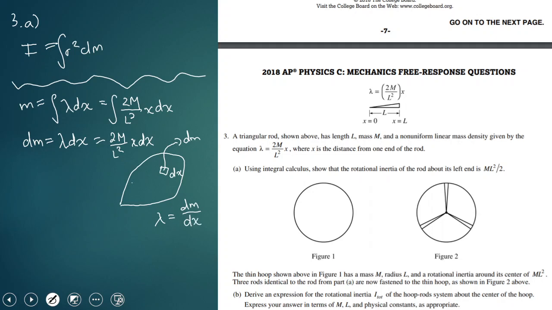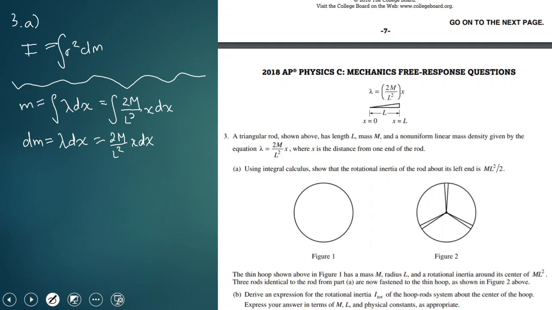Or in this case, if I took a small section, it would be dA, a minuscule area. But if it was a uniform rod and I took a small section of the rod, then the minuscule amount of mass over the minuscule amount of distance gets me my density. And so from there we can derive that dm is equal to lambda dx. That's just a bit of a tangent if you wanted to know how that gets derived, but more complete and complex derivations you can easily find elsewhere.